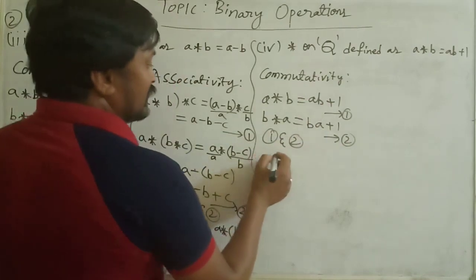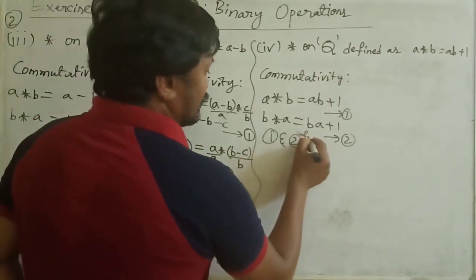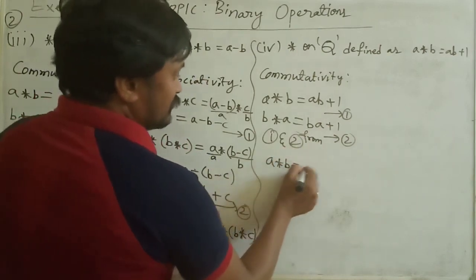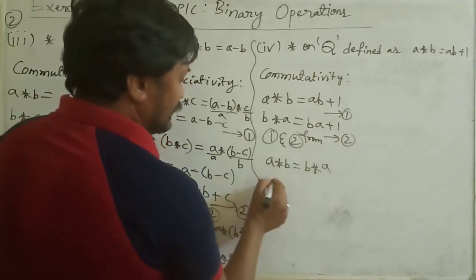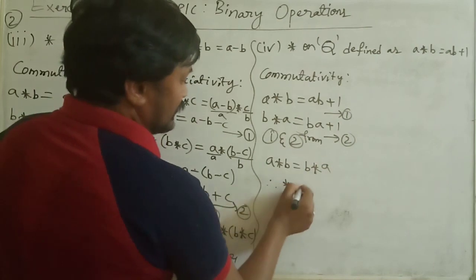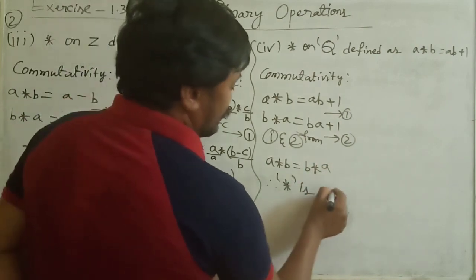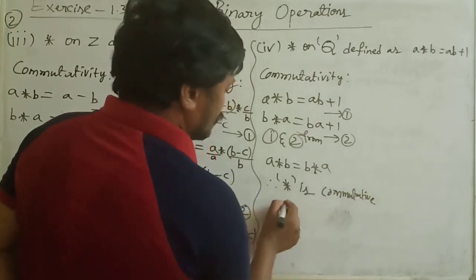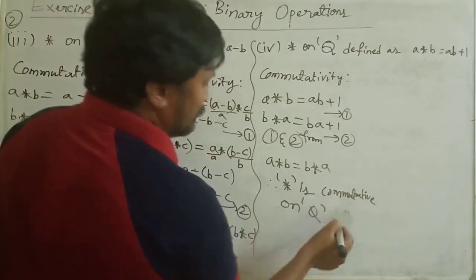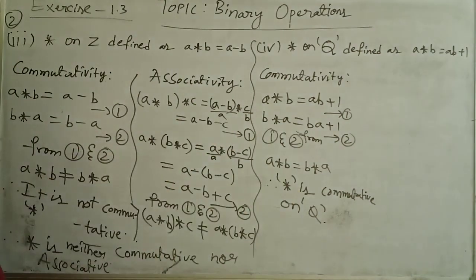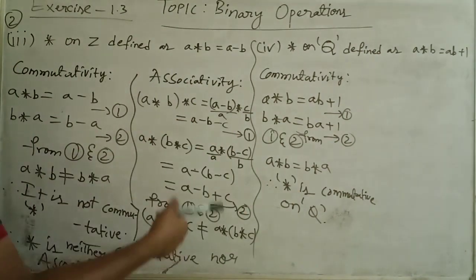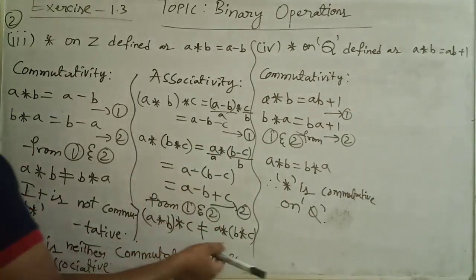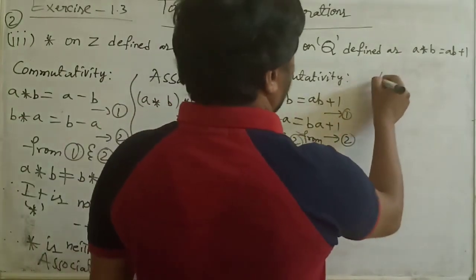So from 1 and 2, A star B is equal to B star A. Therefore, star is commutative on Q. Note and remember that a binary operation is possible here only for addition and multiplication, not for subtraction and division. Okay, let's move on to associativity.